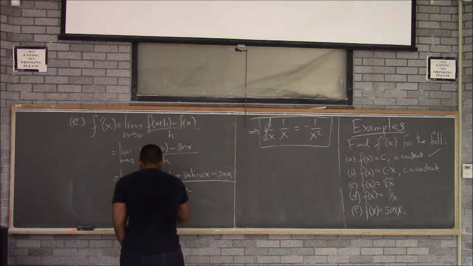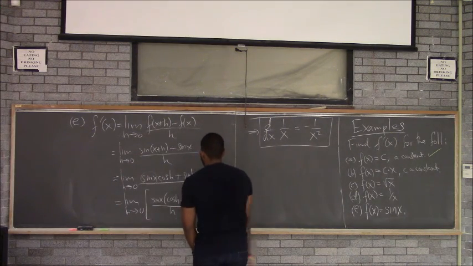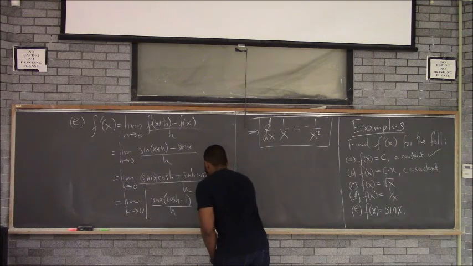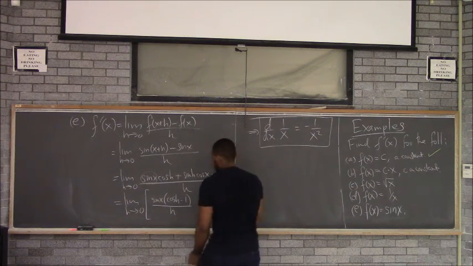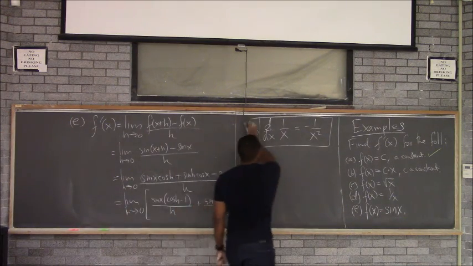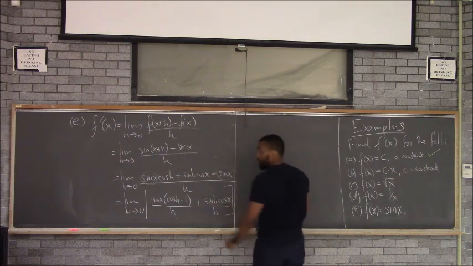So here I would have sine x times cosine of h minus 1 over h. Plus, here I would have sine of h cosine of x over h. Okay, what's the first part, limit of this?